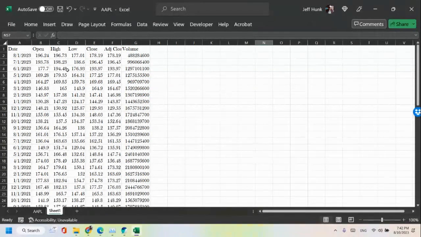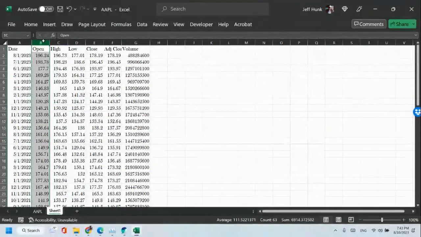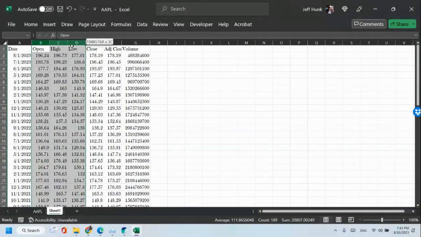For now, we don't need high-low. As I said in the video, the price that represents that day's trading is the close price, right?